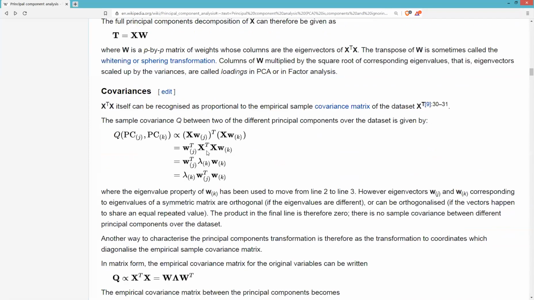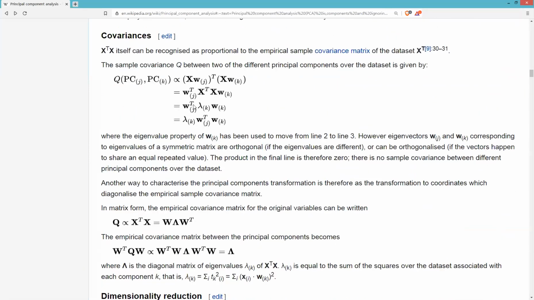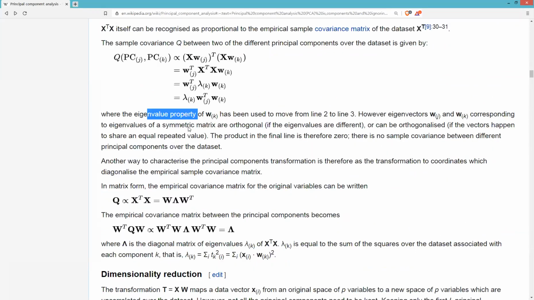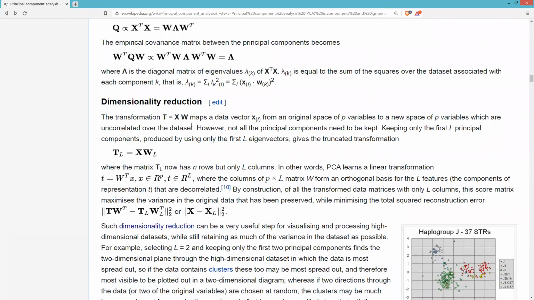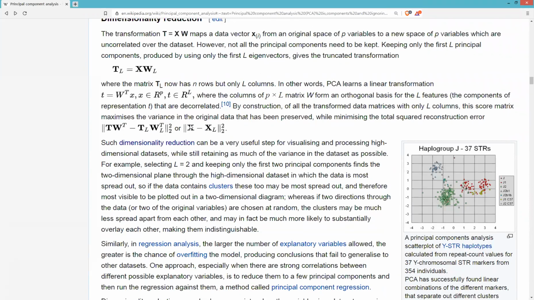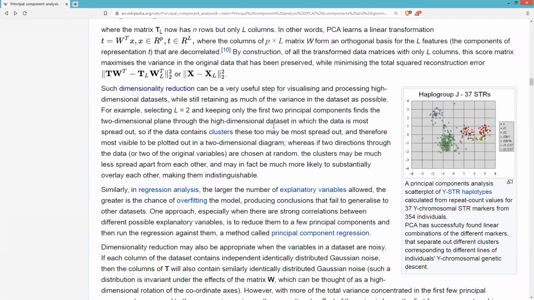Basically, we do eigenvalue decomposition of the covariance matrix, and then dimensionality reduction. Yes, this is a dimensionality reduction technique.